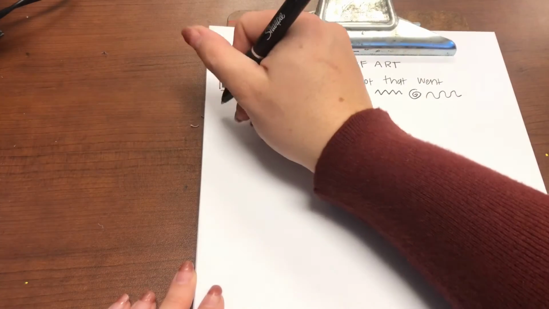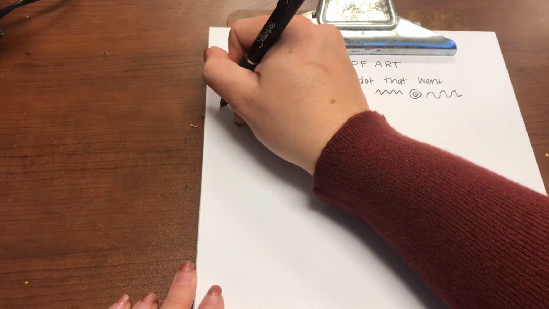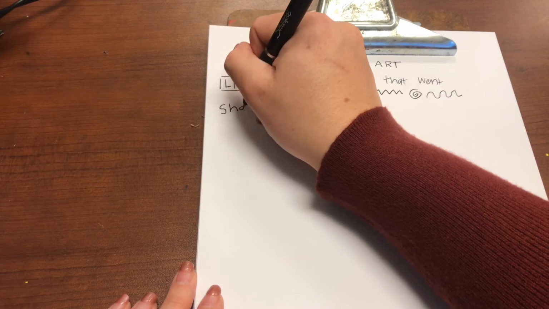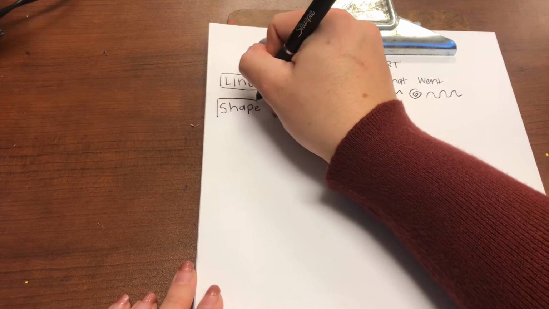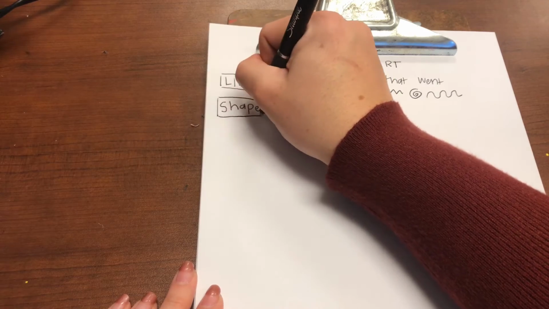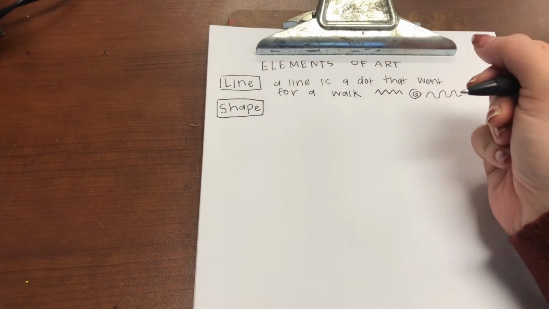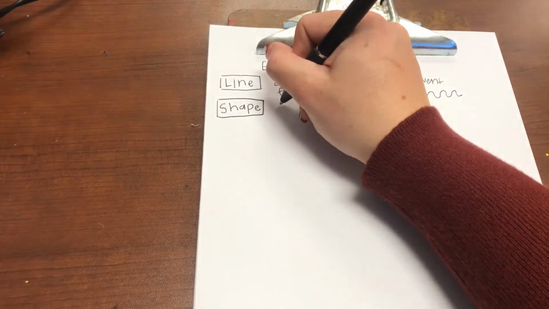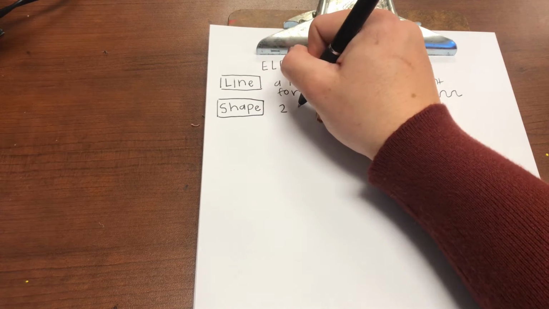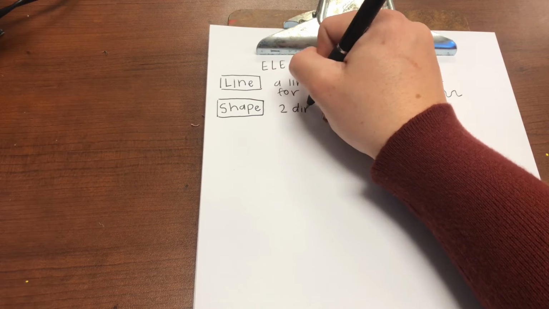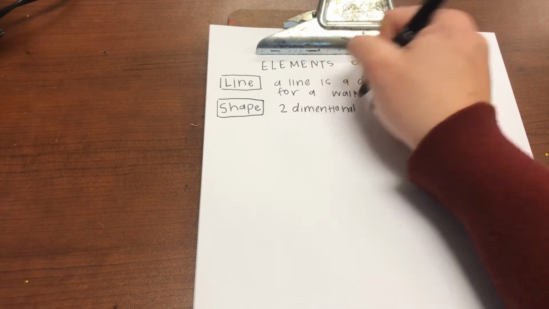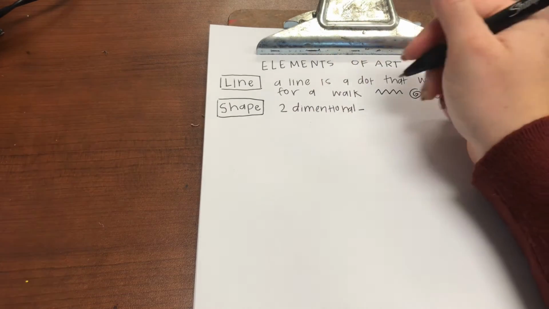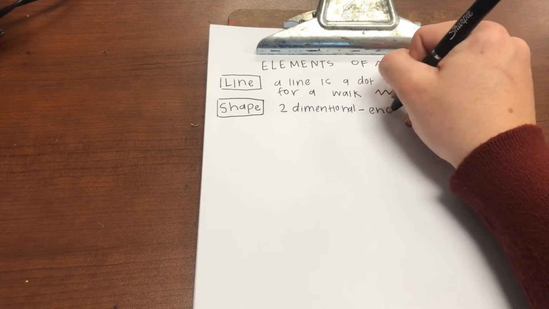The next one we're going to talk about is shape. Shape is always going to be two-dimensional. It's going to have an enclosed area.